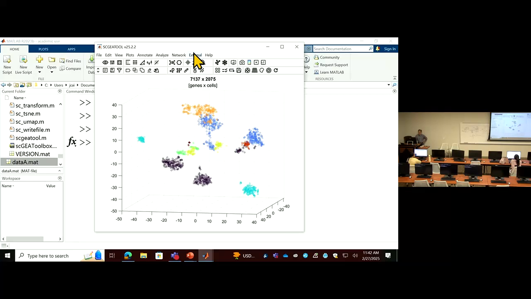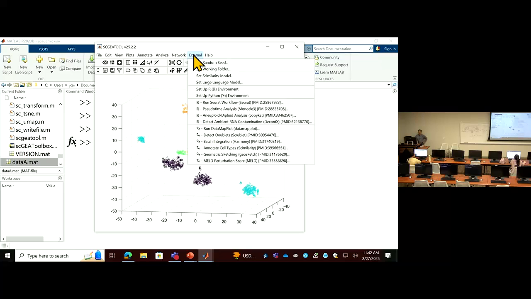What I want to show you is the manual here. There are some external functions, some of them labeled with R in front. Those are the R packages you want to call. For example, you want to detect ambient RNA contamination using an R package called decontX.